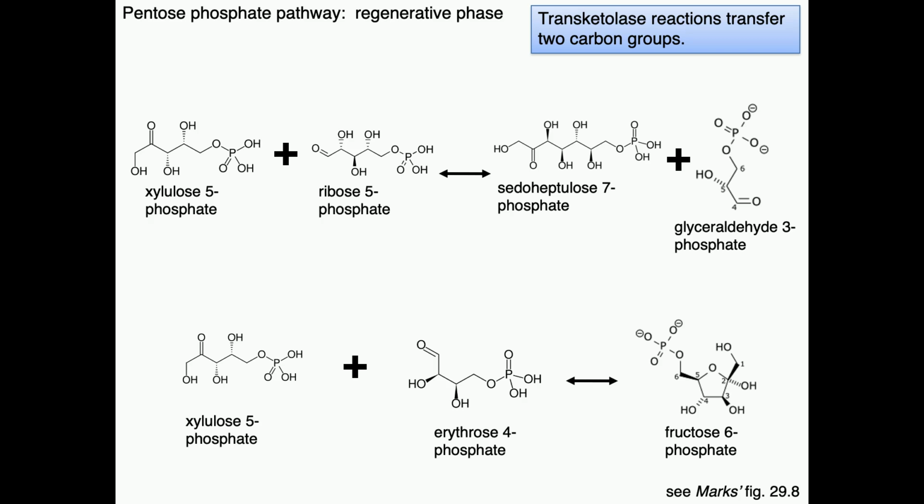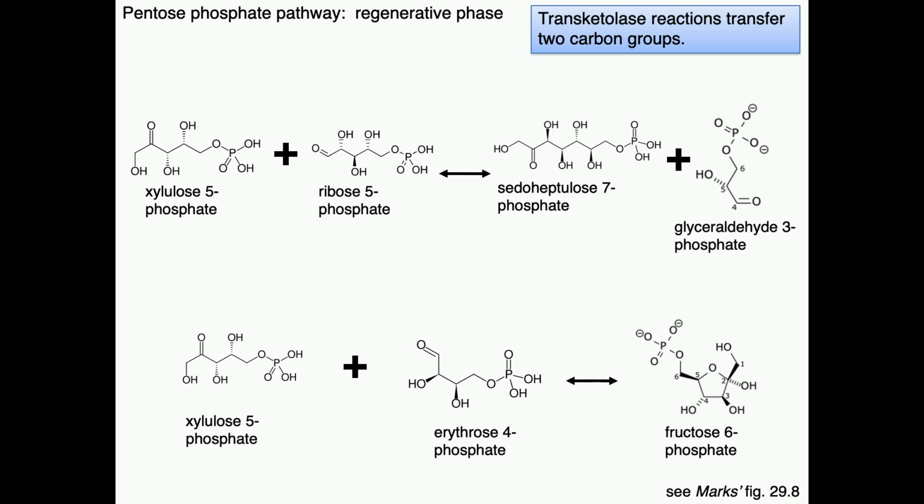So if you have two 5-carbon molecules, you're making a 3-carbon molecule and a 7-carbon molecule. The 3-carbon molecule, glyceraldehyde 3-phosphate, is familiar to us, right? That's an intermediate in glycolysis. This one can go down and be converted into pyruvate and so on.